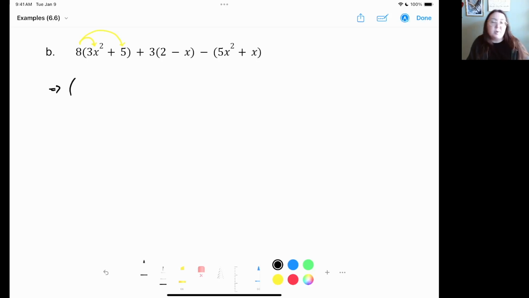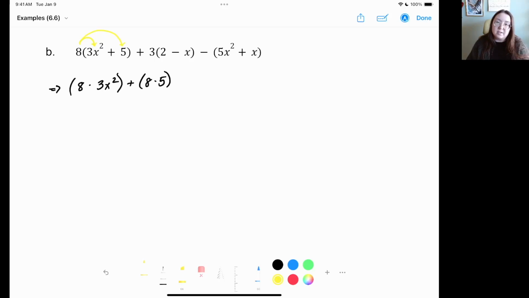So when we multiply these together, you can either just take this in one single step or you can write it out like how we're about to. So we have 8 times 3x squared plus 8 times 5. So we distributed that 8 to be multiplied into each term.